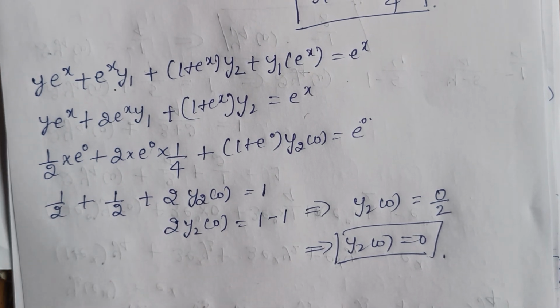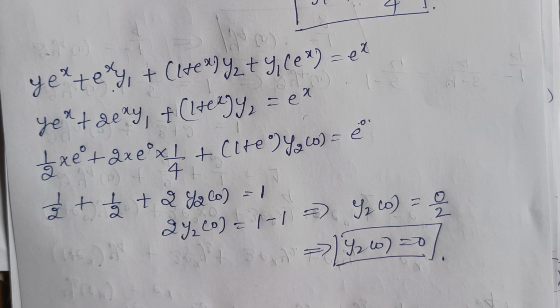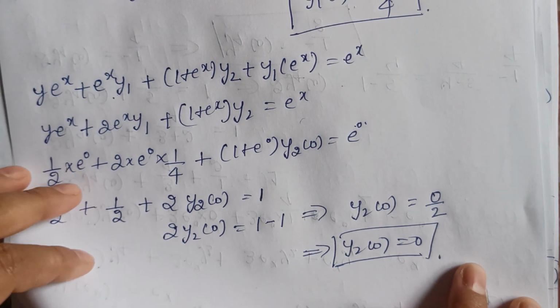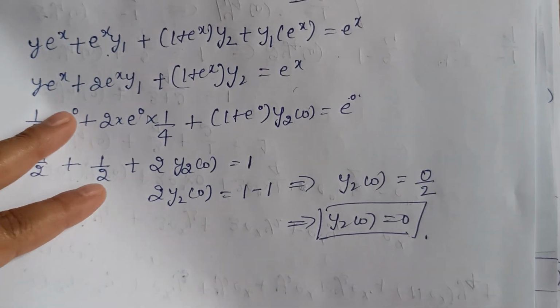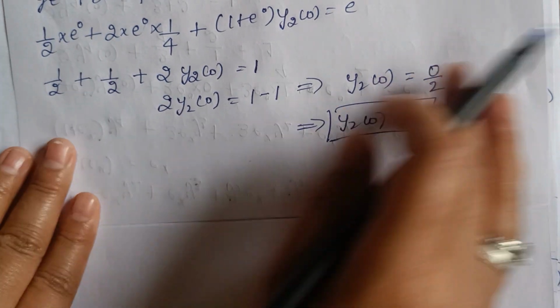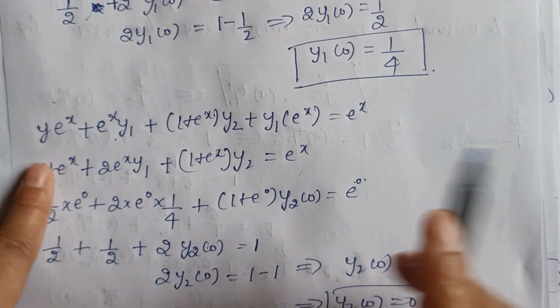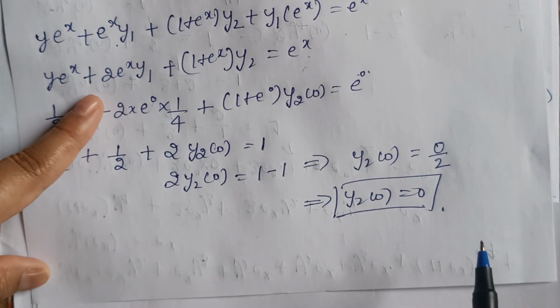Now we'll find y3 of 0, because we have to find it up to the third degree term, correct? So in order to find up to the third degree term, I can differentiate this again with respect to x.